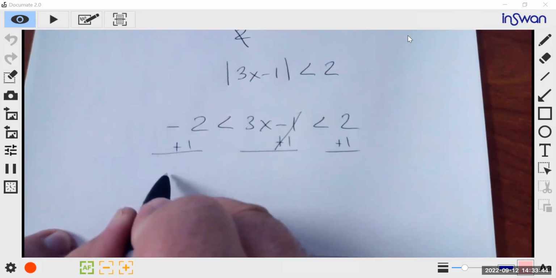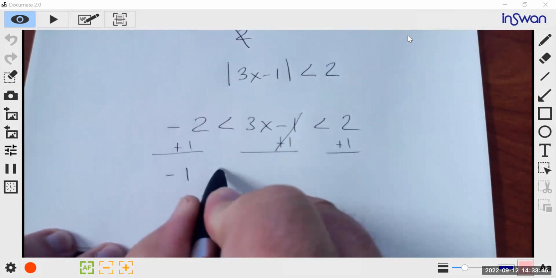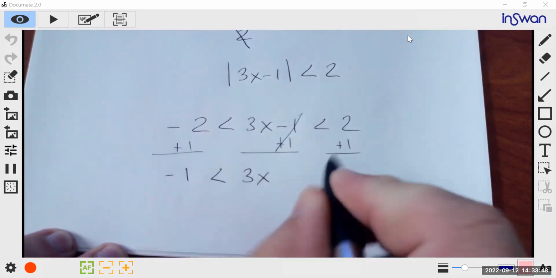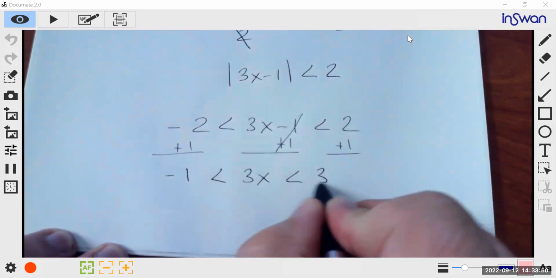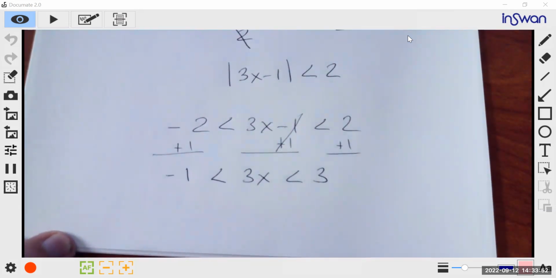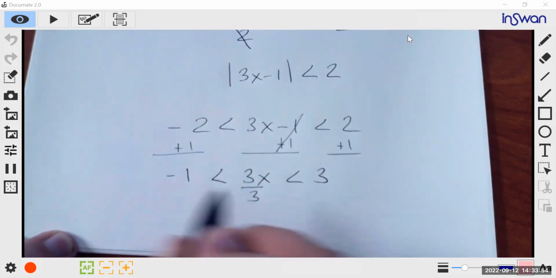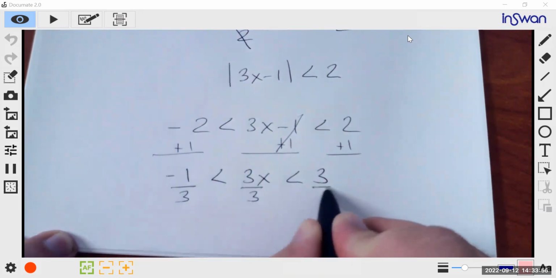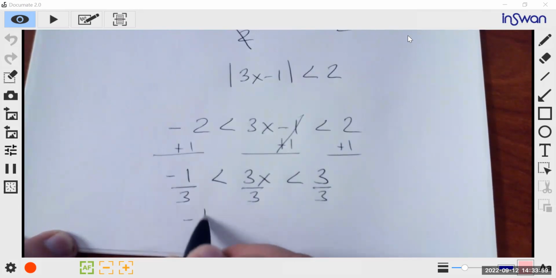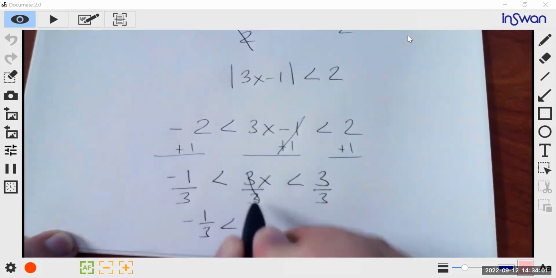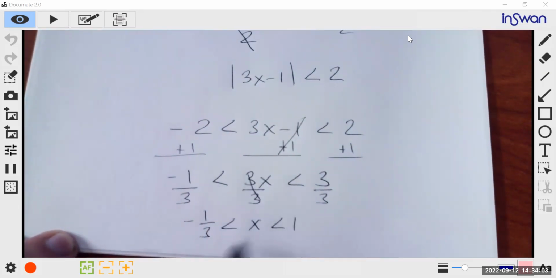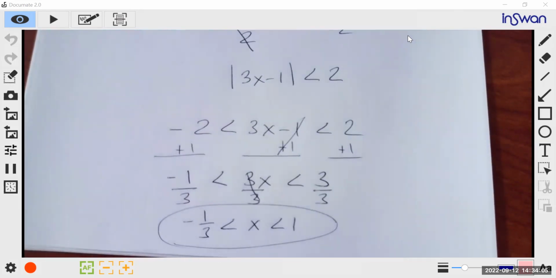Negative 2 plus 1 is negative 1. 2 plus 1 is 3. Divide everybody by 3. Negative 1/3 is less than x is less than 1. That is your final answer.